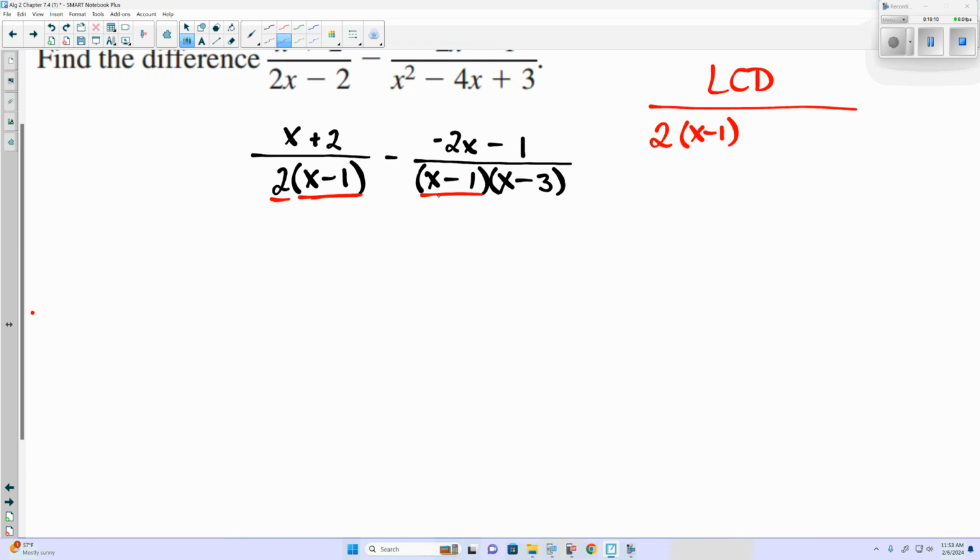On the right, we also have x minus 3. Since it shows up once, we do need it contained in both, yes? So the least common denominator, when we get these to be the same, both of these should be 2 times x minus 1 times x minus 3.